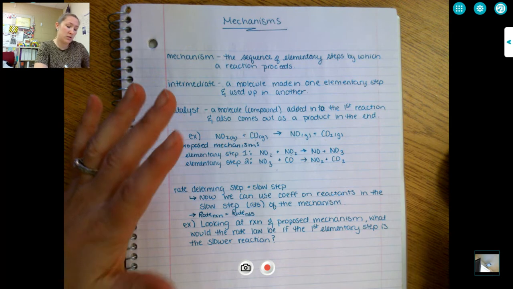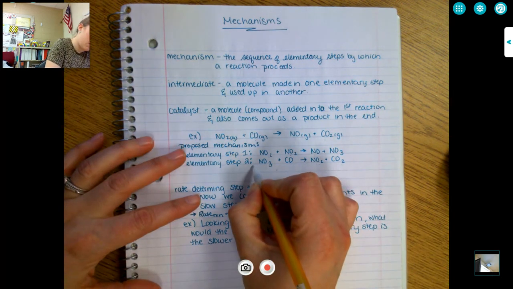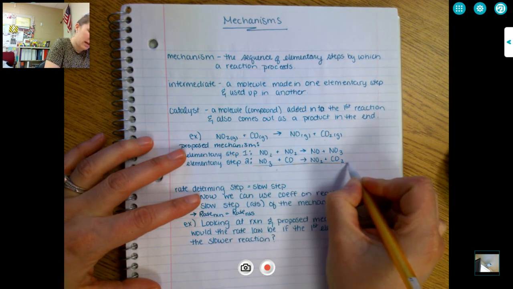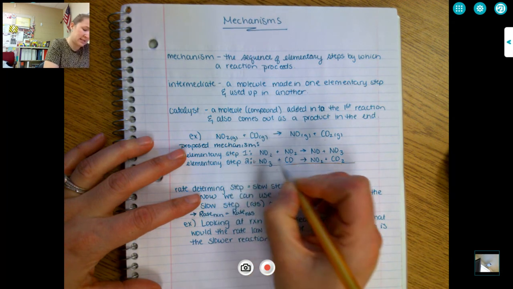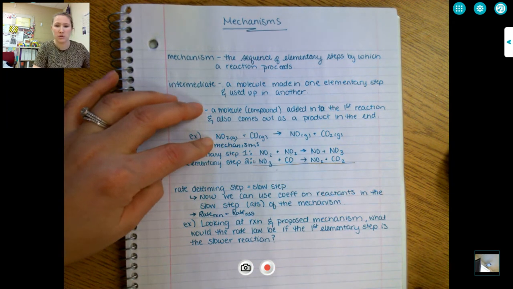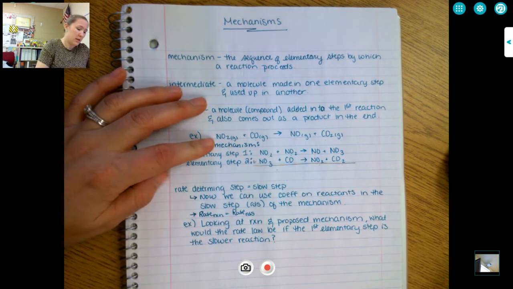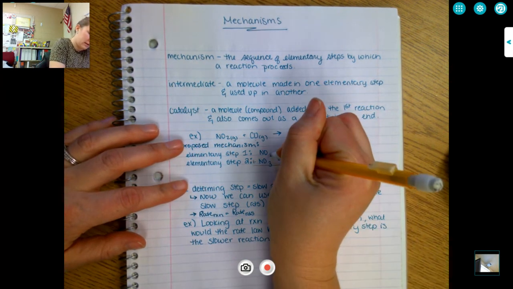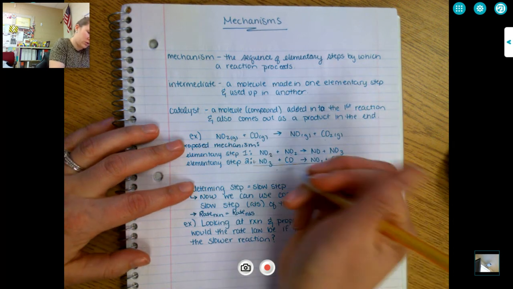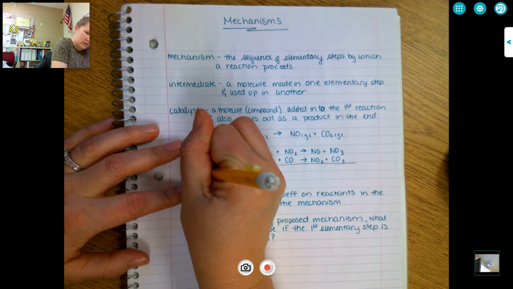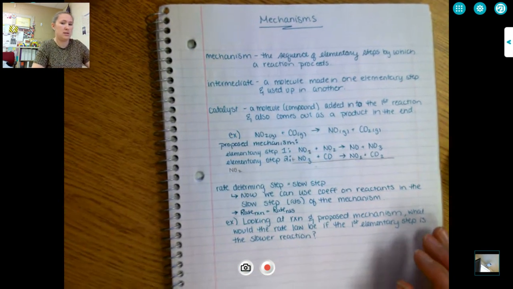So what we need to do is see if adding both of these together gets us back to our original reaction by canceling out things that are the same on both sides.